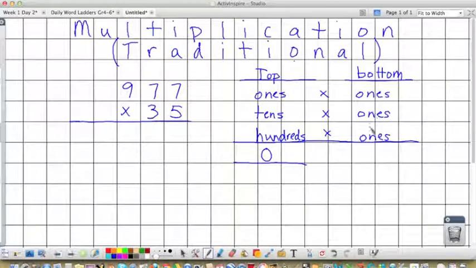In this case, we're already done with the ones place, so we're going to go back up to the ones place in the top number times the tens place in the bottom number. And then we're going to do the tens place in the top number times the tens place in the bottom number. And again, on this number, we'll go out to the hundreds place of the top number times the tens place in the bottom number.